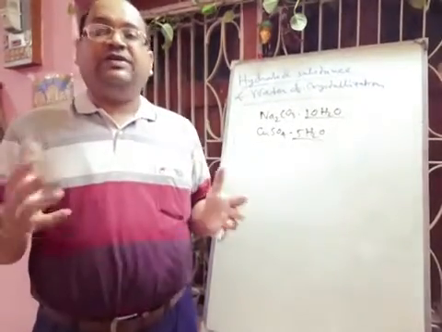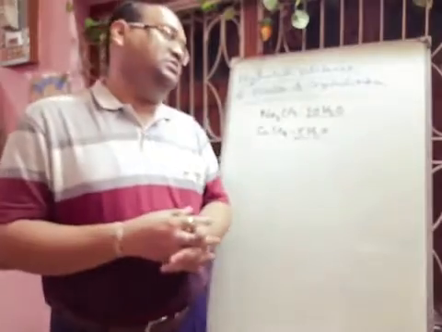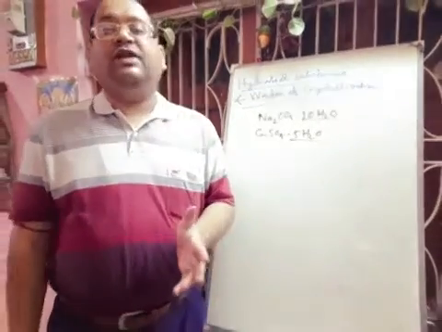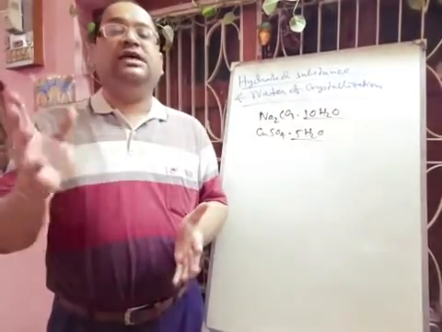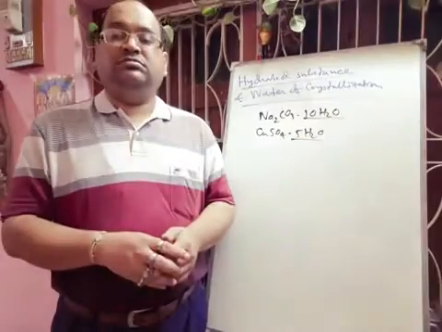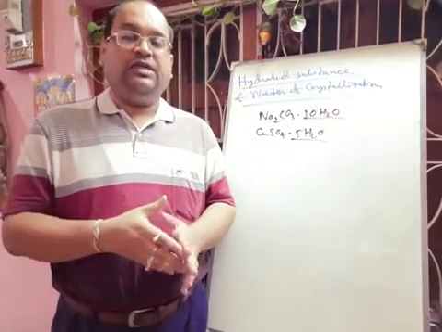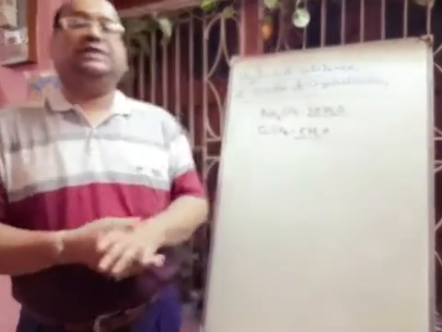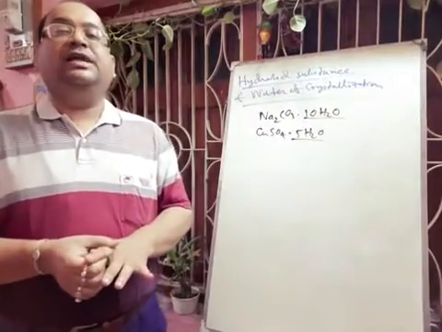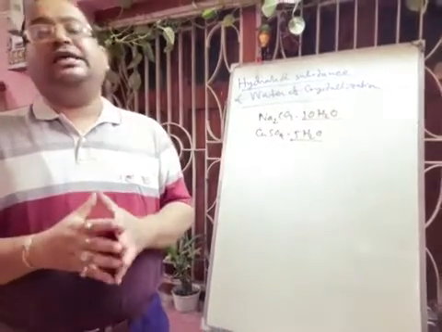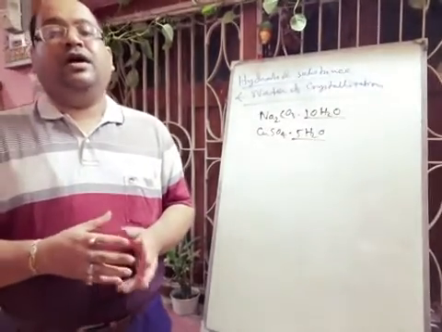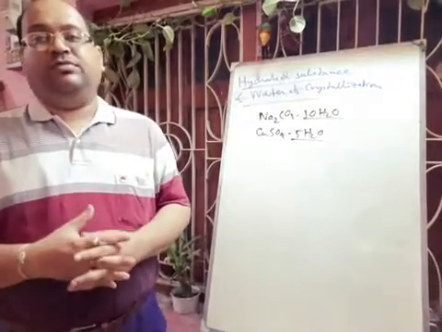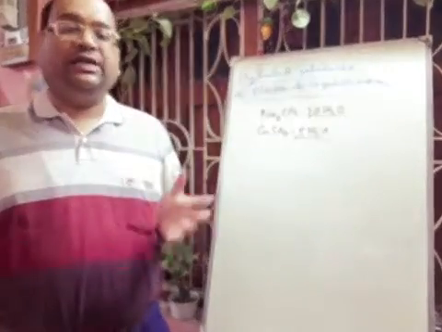Now what will be the effect of heat on the following hydrated salts? If you apply heat, definitely this water of crystallization will go to the gaseous state, and definitely there will be some color change of that particular compound. You can think about hydrated copper sulfate.